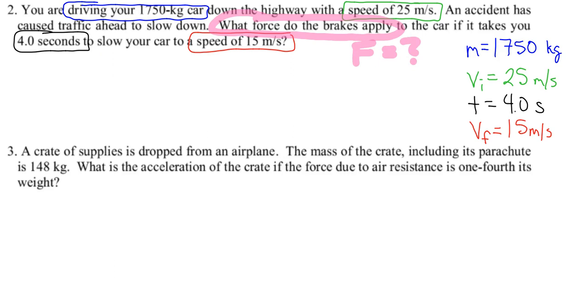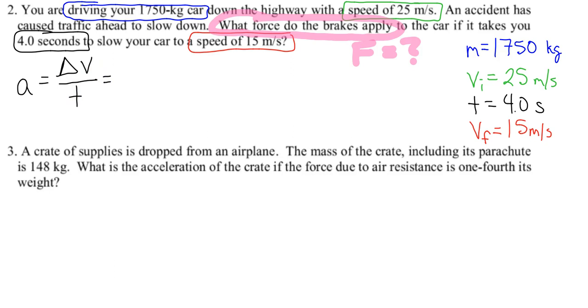And I don't like that highlighter tip, so we're not going to use that anymore. So in order to figure this out, first we need to figure out what our acceleration is. So remember, acceleration is equal to the change in velocity over time.